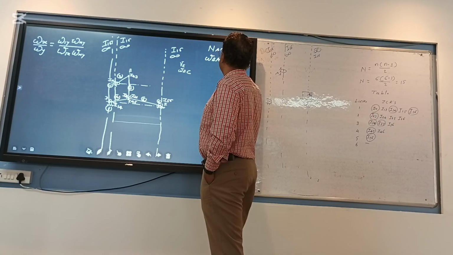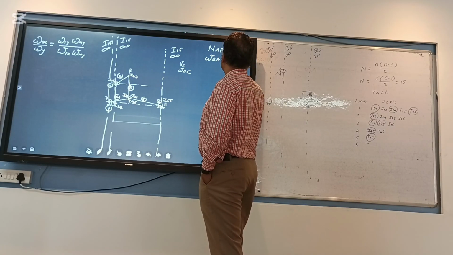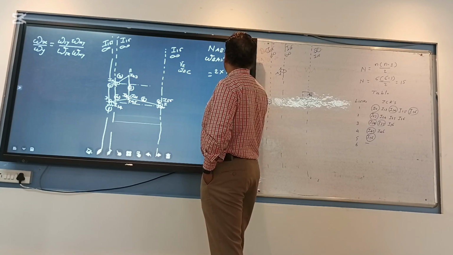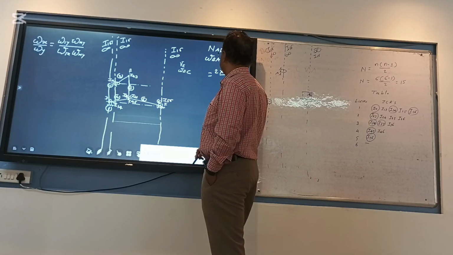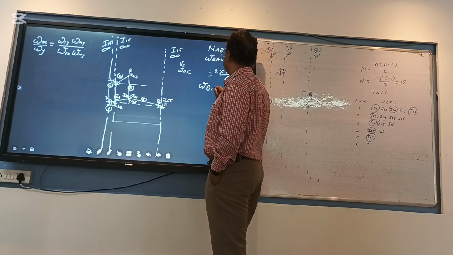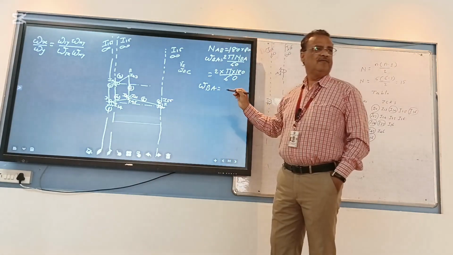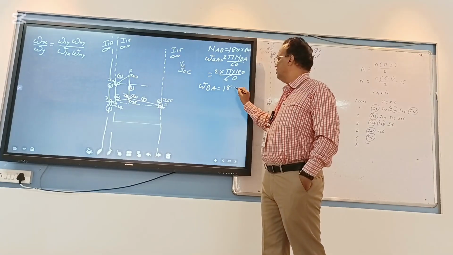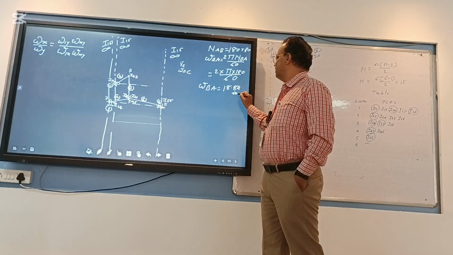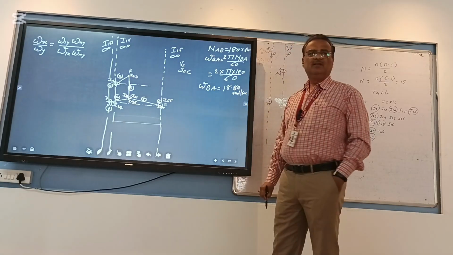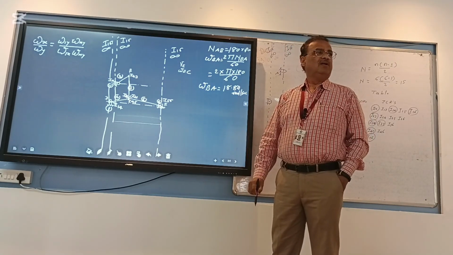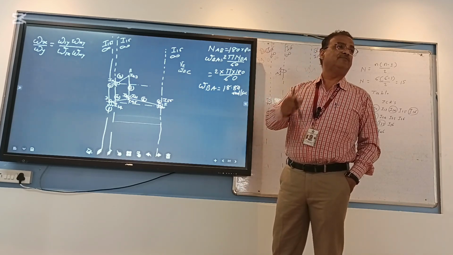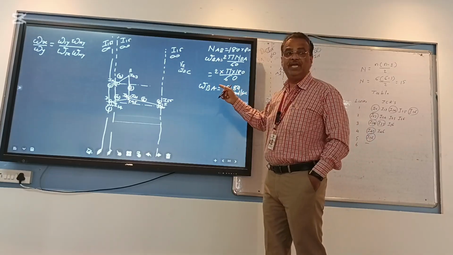How? 2 pi n BA divided by 60, that is 2 multiplied by pi multiplied by 180 divided by 60, which is 18.84 radian per second. Yes or no? By the given data, I can find out the angular velocity of link BA.